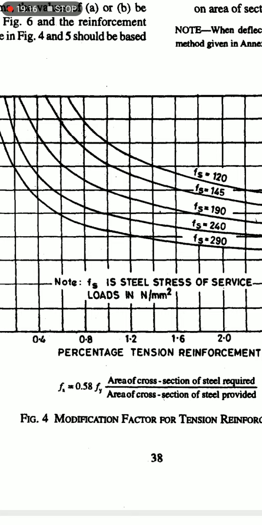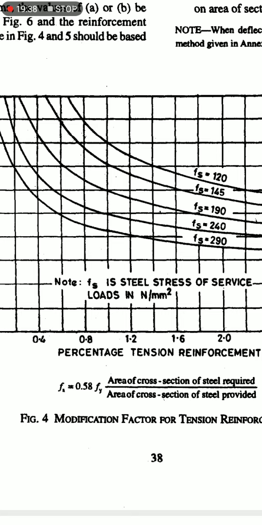So the formula for finding fs is given below: 0.58 fy times Ast required by Ast provided. But here we don't know the Ast required and Ast provided. So how to fix the fs value?